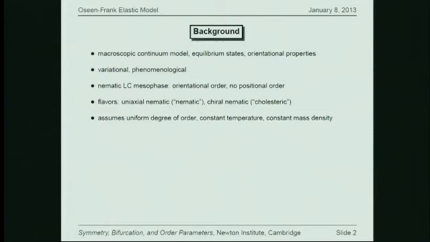The model assumes a uniform degree of order, so there's no scalar order parameter. The order is assumed to be of a constant value throughout the sample. Temperature is taken to be a constant, as is the mass density.